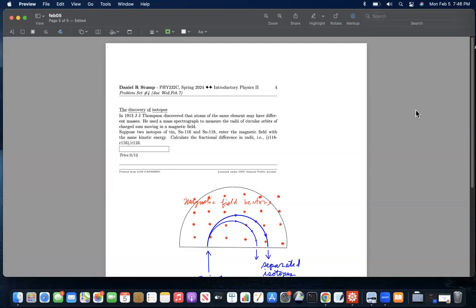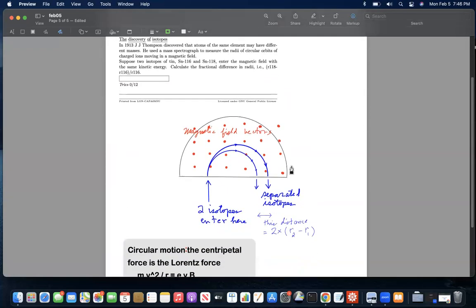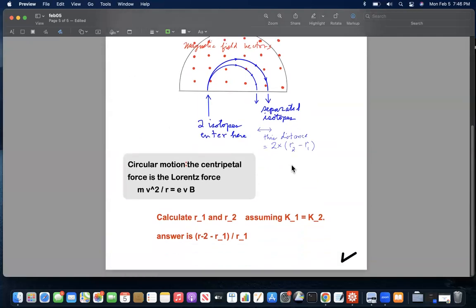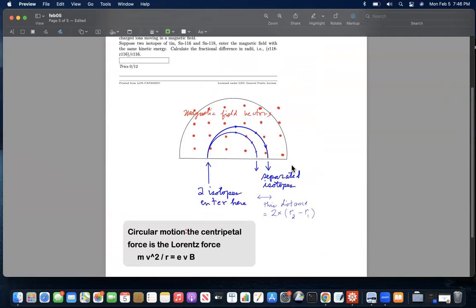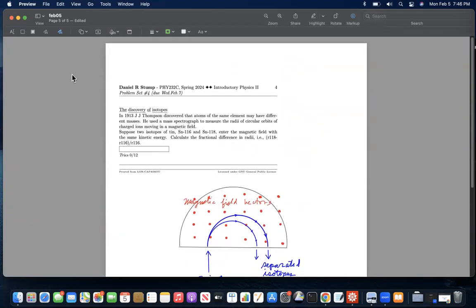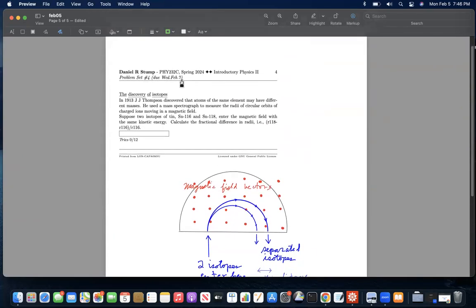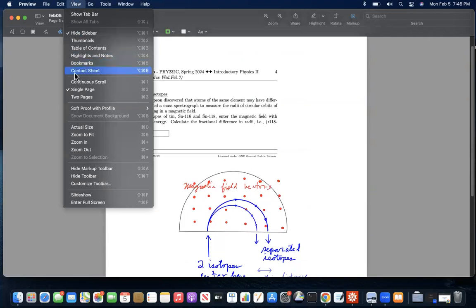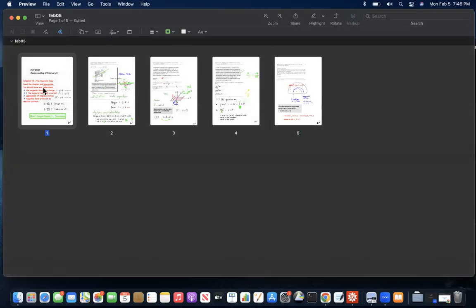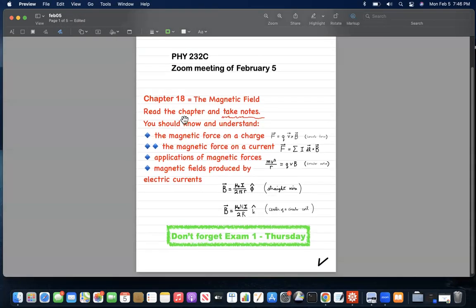All right, so any other questions about any of these homework problems or any other homework problems? You'll have equations like this written down in your notebook.